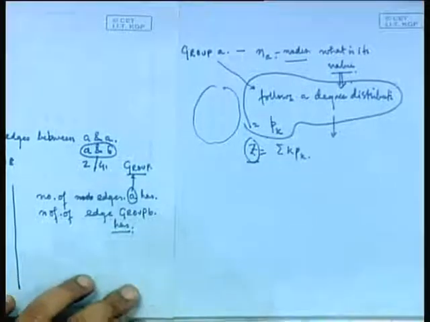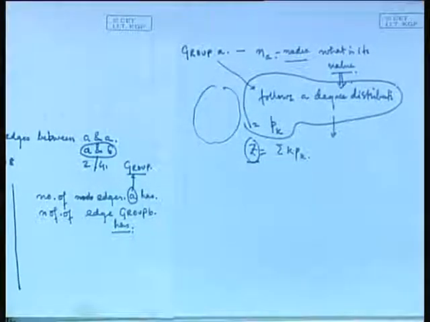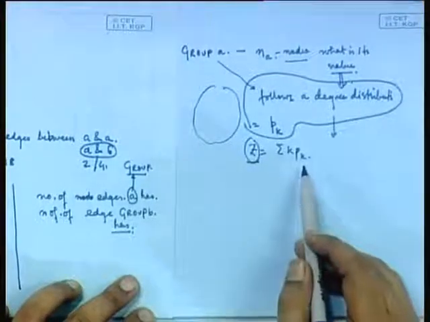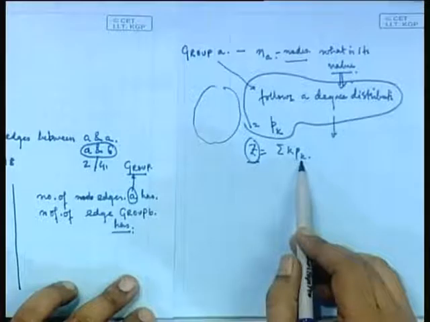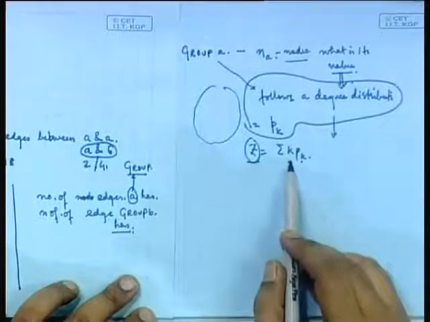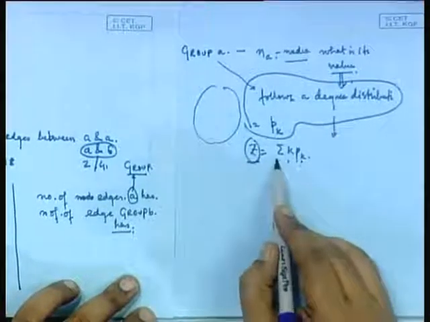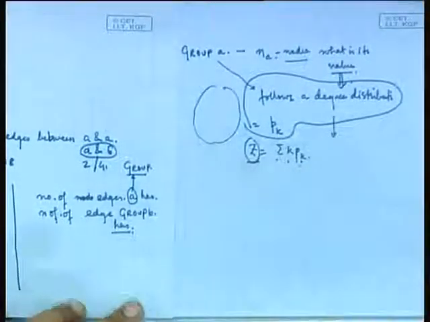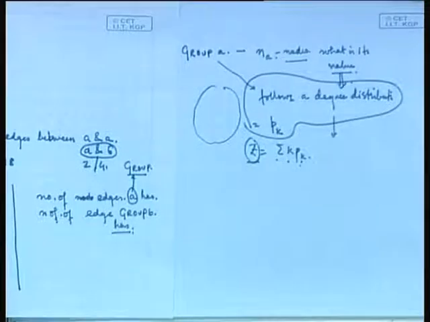So, average z is the average degree. K is nodes with degree k. So, k is the degree. So, p k is the degree distribution and k p k gives the average degree.